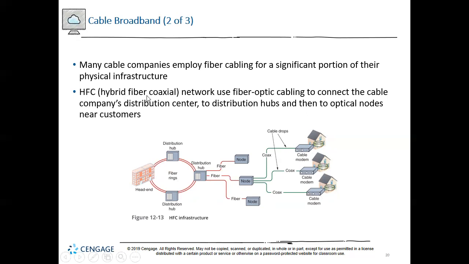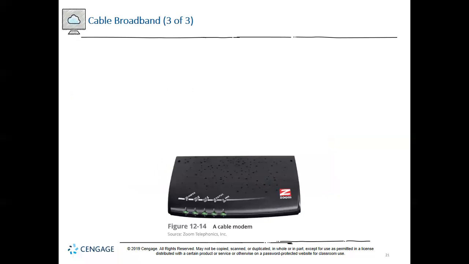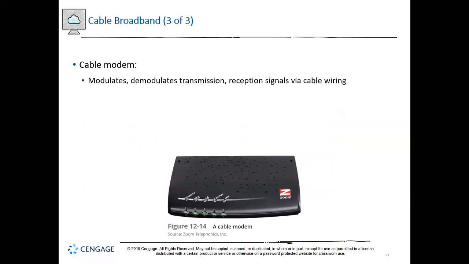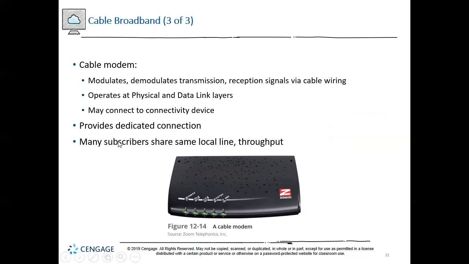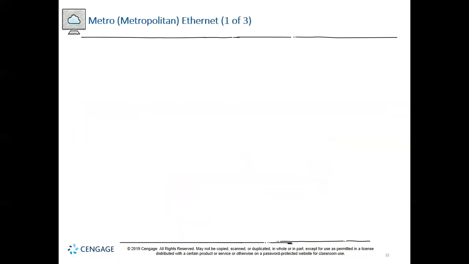So that's why it's hybrid fiber coaxial. If we didn't have last mile as fiber like we've got here, that might be a reasonable solution. But we do have fiber. There's a cable modem, and it is able to modulate, demodulate, provide a dedicated connection. We're not using those.